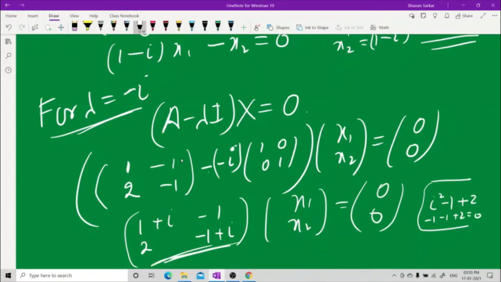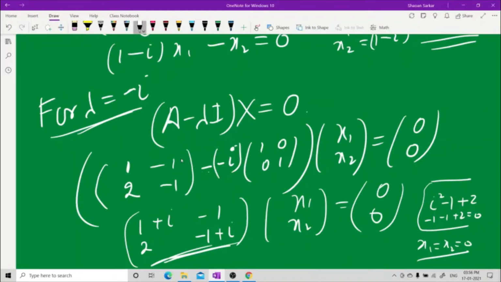If it doesn't, the only solution for x1 and x2 is 0, which is the trivial solution and is not acceptable, because we consider only non-zero eigenvectors, where at least one of the components is non-zero. That means x1 is non-zero or x2 is non-zero, not both zero together. Wait a minute, let me rewrite.